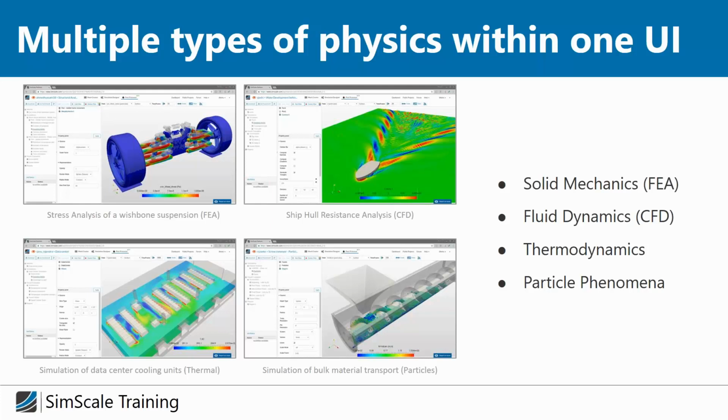With our solid mechanics capabilities, we can basically simulate everything which is happening inside a solid body as a result of external loads. These loads can be forces as well as temperatures. With our CFD module, as I mentioned, if you're interested in that, you should take a look at the recording of yesterday's webinar. You can simulate everything related to fluid flows. And with our thermal simulations, you can simulate everything where heat transfer is involved.